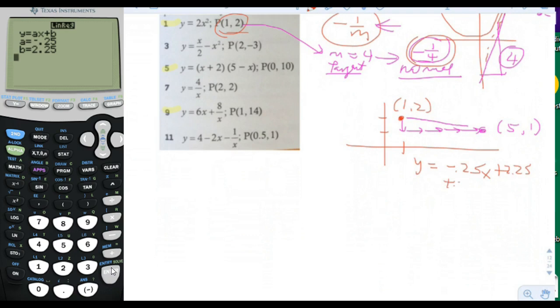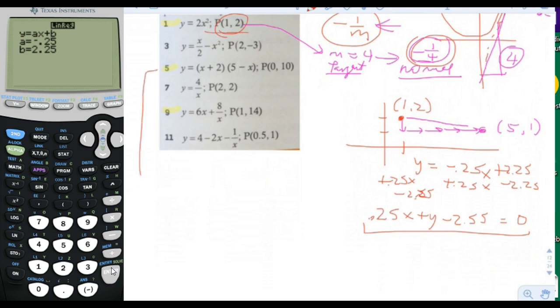So we can add 0.25x to both sides, and we can subtract 2.25 from both sides, and that gives us 0.25x plus y minus 2.25 equals 0. Okay? Whew, that was a lot of work for number 1, right? Now let's do number 5.